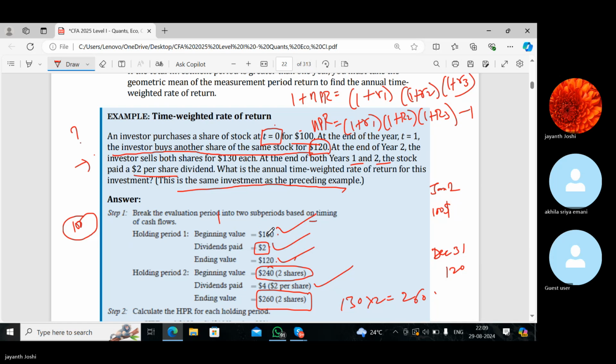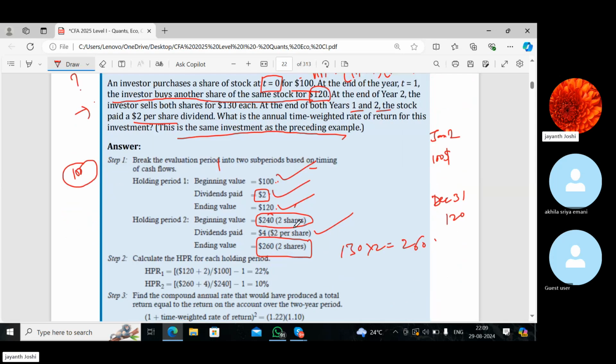That means this stock has become 120 now, and one more stock he has bought for 120. So two stocks now value 240 at the beginning of the year, and then they will be sold at 260 at the end of the year, and some dividend they are getting, like $4 because of two shares, right? So now we have got the clarity.